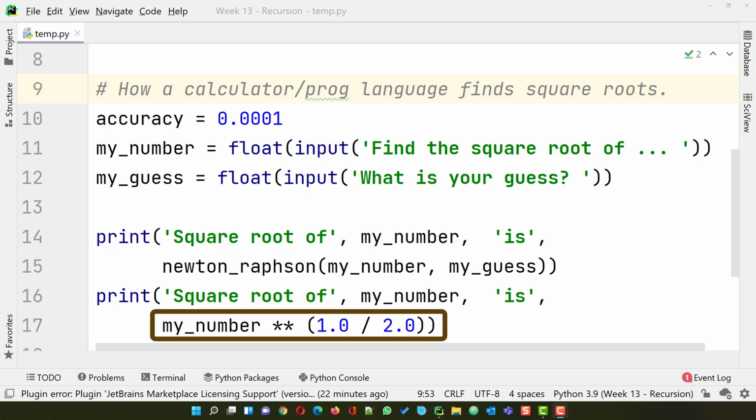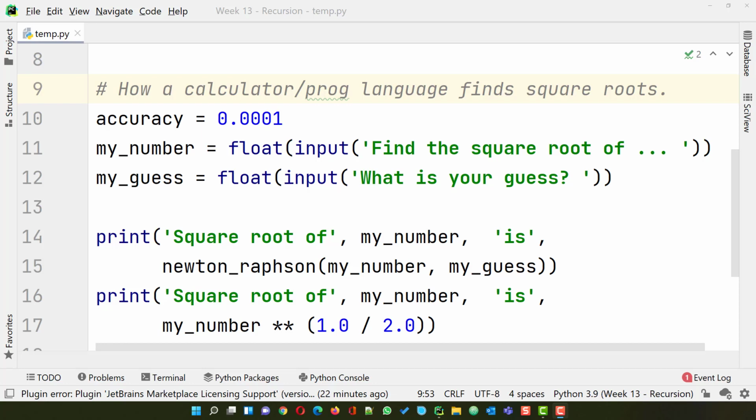So it's 1 divided by 2. If I was looking for the third root, the cube root, it'd be 1 divided by 3. If I was looking for the 27th root, it would be 1 divided by 27. But you can see that I've had to force these numbers to be used as floating point numbers. I need that decimal point in there to make sure that Python knows I don't want just whole number answers.